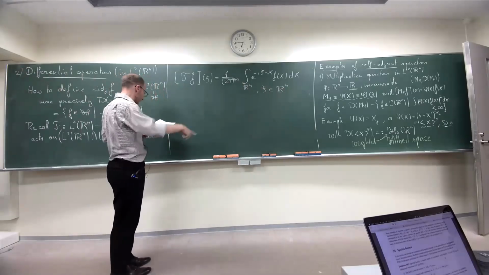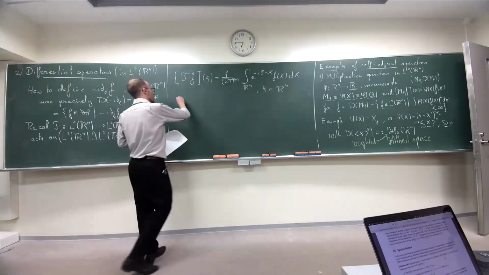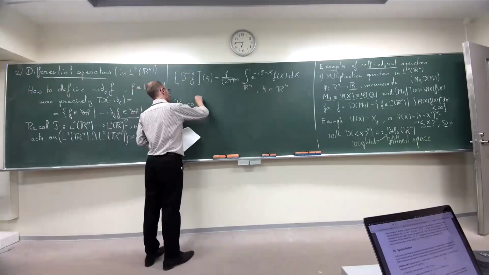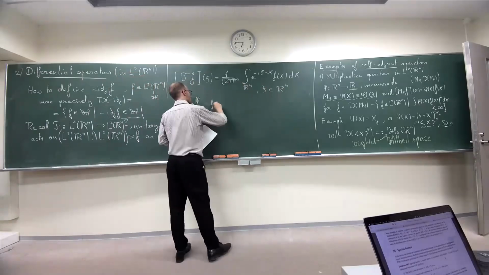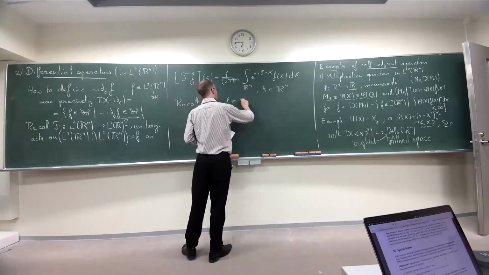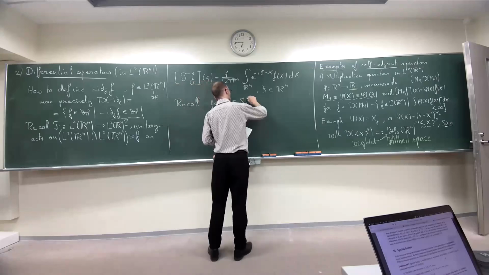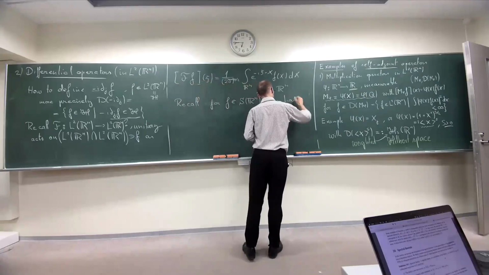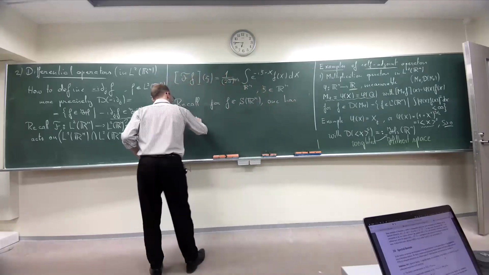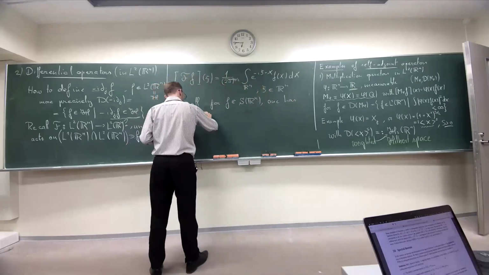How can I use the Fourier transform? So I recall, for f in the Schwartz space, we have seen this equality. It was easy to prove just by integration by parts.